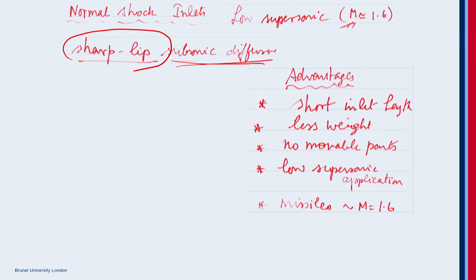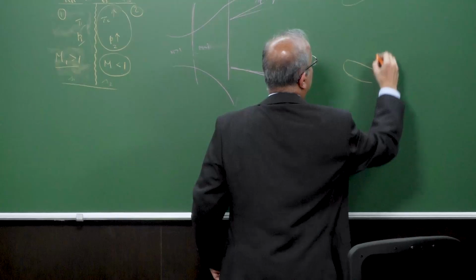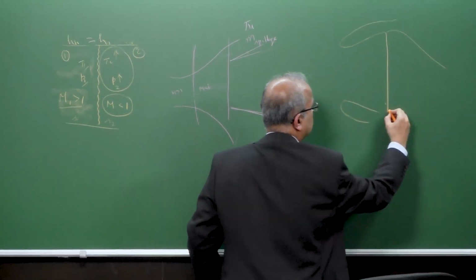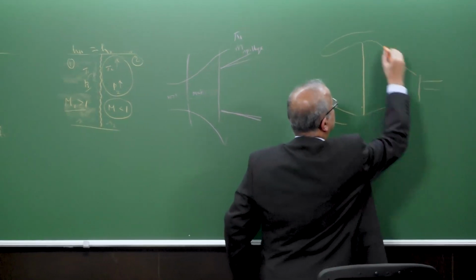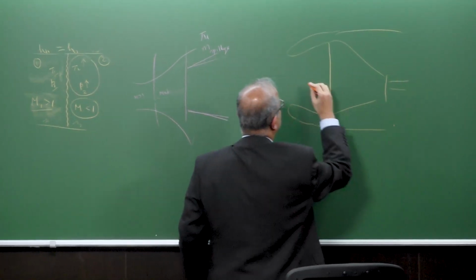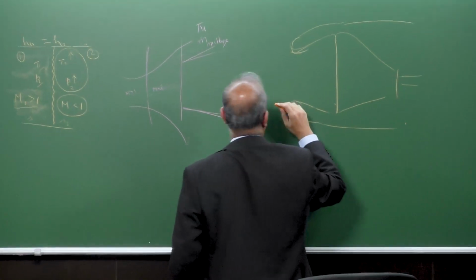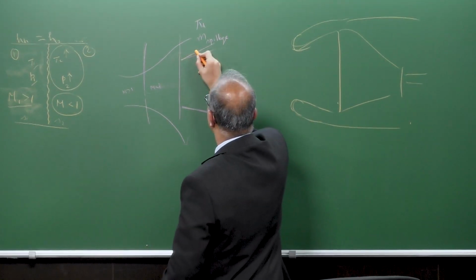If you look at the commercial applications here, commercial aircraft, you can see that this is the blunt nose of it, but the only difference here is that you make it sharp.